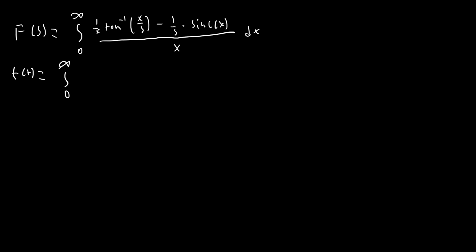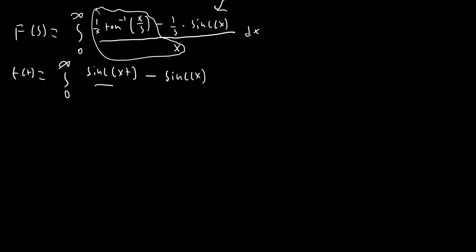So in this case, for the inverse Laplace transform of this term, we can ignore that x in the bottom since it's constant with respect to s. So we're just going to end up getting sinc of xt, as we showed in the previous slide. And for this, it's just the inverse Laplace transform of 1 over s, which is just 1, and we're going to subtract sinc of x all over x dx.